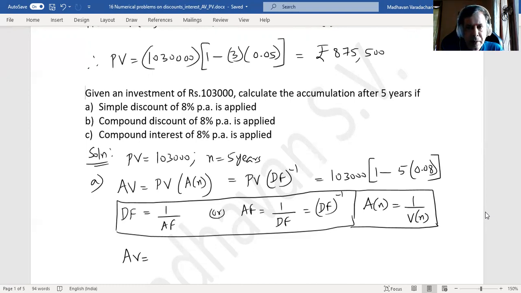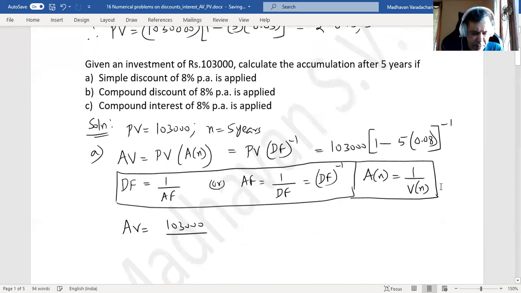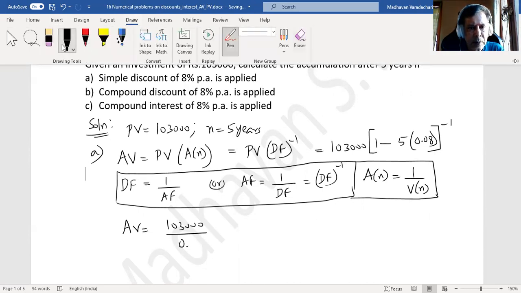Oh, sorry, here it is inverse, so I should divide. 103,000 divided by, because it is inverse, 5 into 0.08 is 0.4. That is to be subtracted from 1, so we have to divide by 0.6.